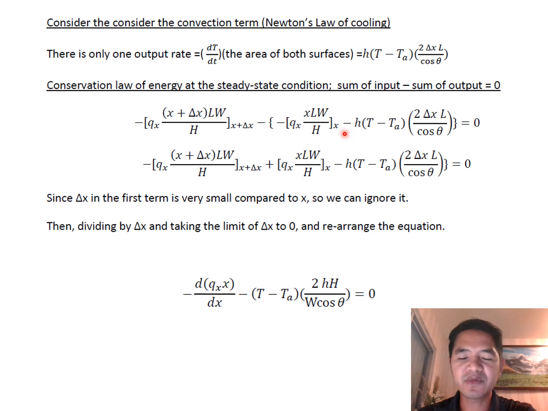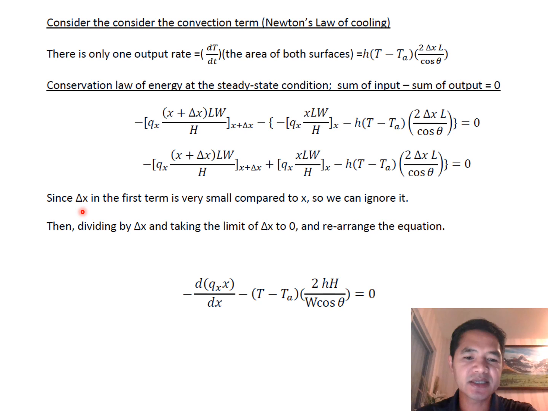The cooling term is minus because the heat loss from the surface is going to be minus, from Newton's law of cooling. Next, we can rearrange the form. The minus sign here becomes a plus sign. It's going to be like this.